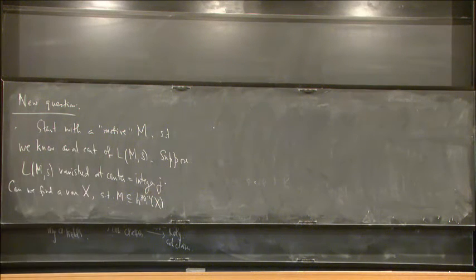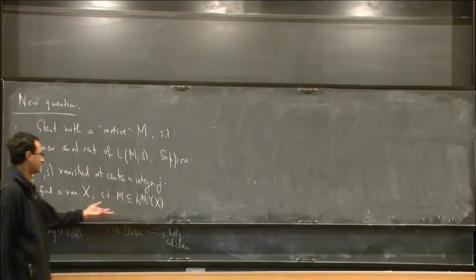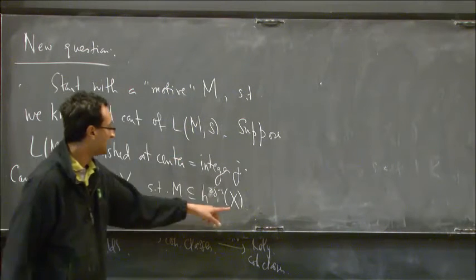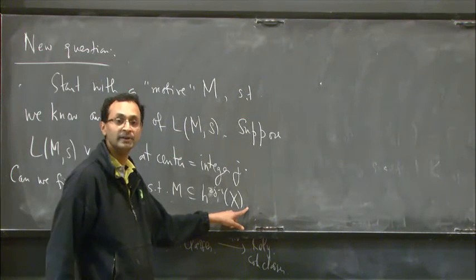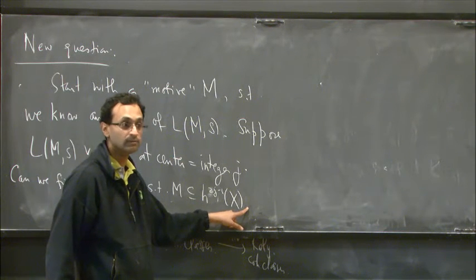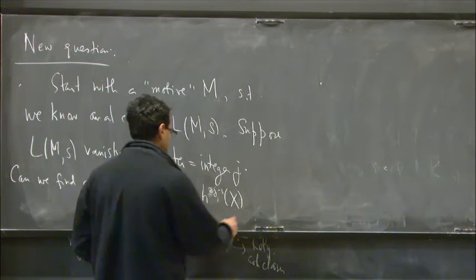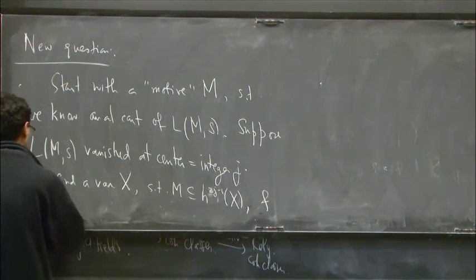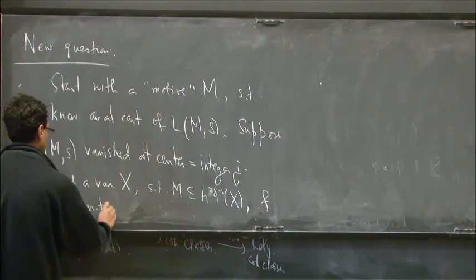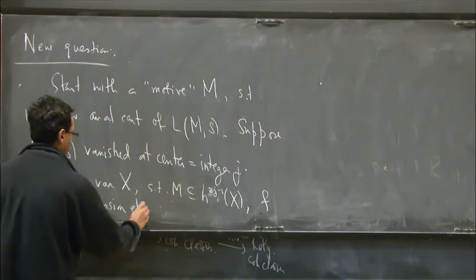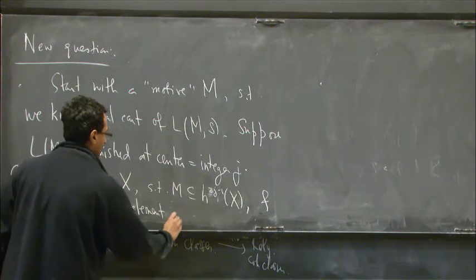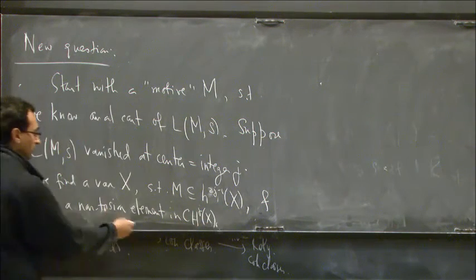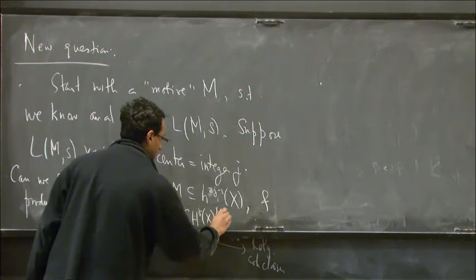And if you did this, bear with me for a second, then you should expect, because of the vanishing of the L function, that in fact there's a non-trivial, non-torsion element in CH^j(X)_0. And then can you produce a non-torsion element in CH^j(X)_0? And of course, it's not a random thing. You want it to correspond to this motive in some way. So I'll just put an M out there.